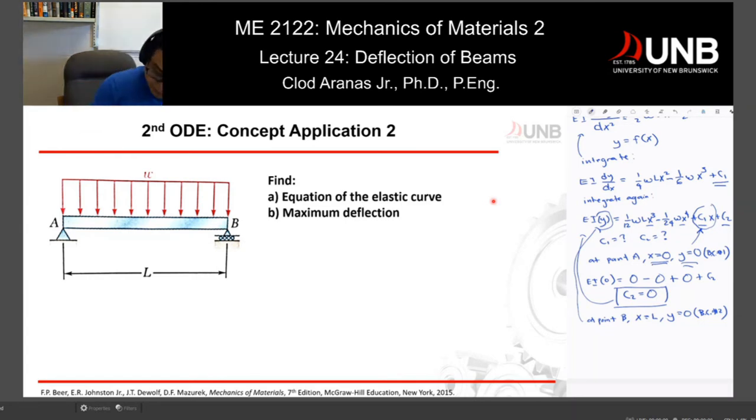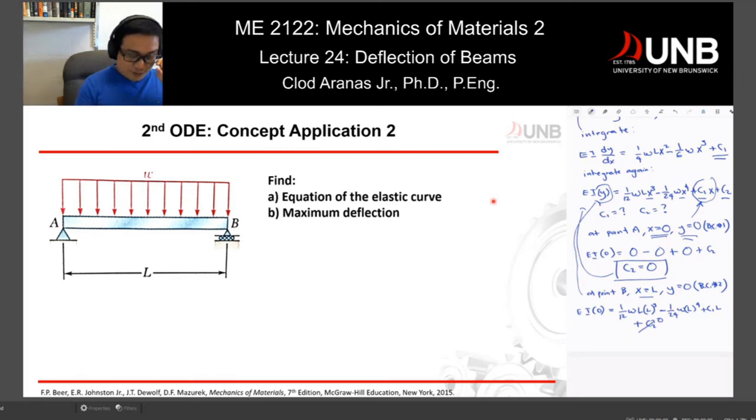So I'm going to get the following. 0, because the y there is 0, is equal to, now your x becomes L. So the first term is now 1 over 12 times L times L raised to 3, which becomes L raised to 4, minus 1 over 24 W L. Now, you can easily say that this is L raised to 4, plus C1 times L, plus C2, and you know C2 becomes 0.